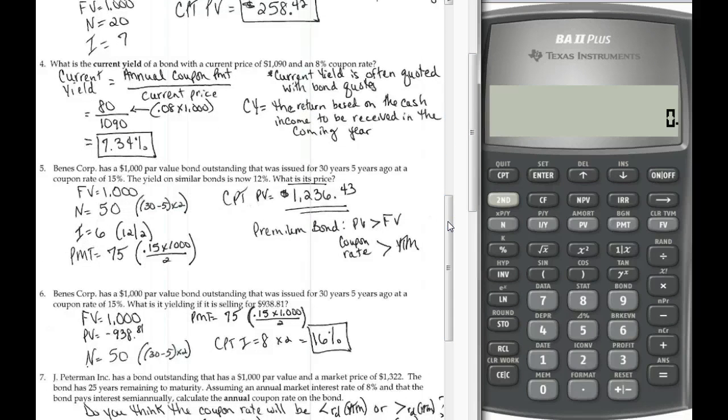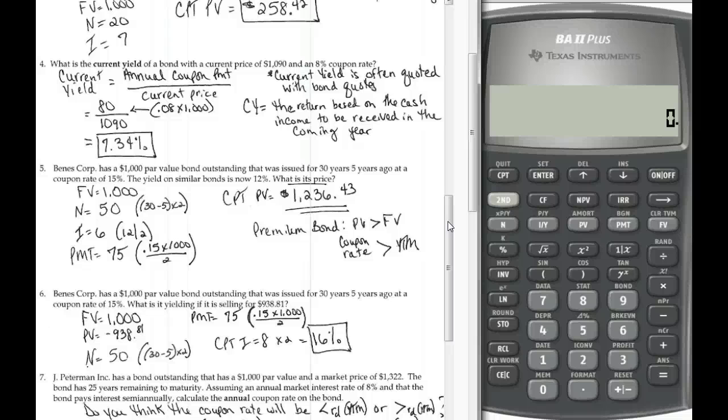Scrolling down to current yield. Current yield is the miscellaneous concept I mentioned in the first screencast. Current yield can be found by taking the annual coupon payment and dividing that by the current price. Remember, I mentioned to you that current yield is often quoted with bond quotes. It's essentially the return an investor realizes based on the cash income they're going to receive in the coming year.